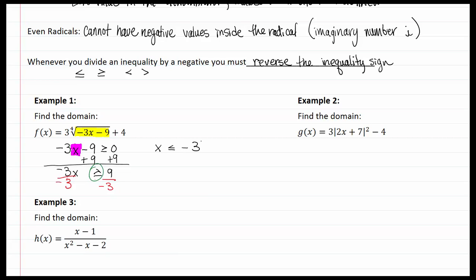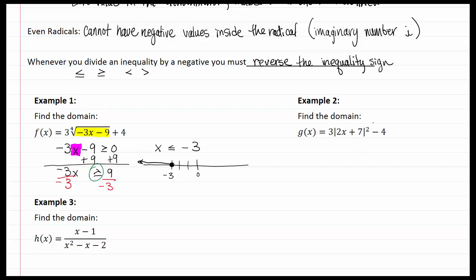Any values that are greater than -3 will cause the radical to have imaginary values. If we thought about this on a number line, if here's 0, here's -3, any values that are less than -3 on the number line would be okay for this function.